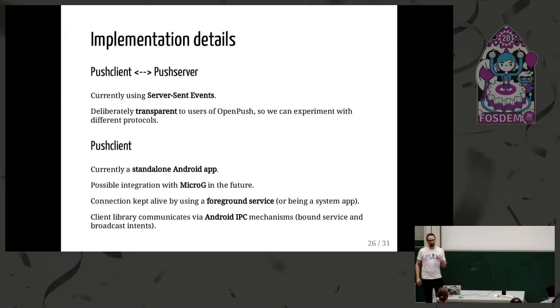For this, I chose the easy option, which is running a foreground service, which shows a persistent notification for the user, which you can hide, but I think this is okay when it's one app that does it, and it gets annoying when 20 different apps do it. The alternative would be running it as a system service like microG does currently. Then you have the same permissions as running as a foreground service without needing the notification.